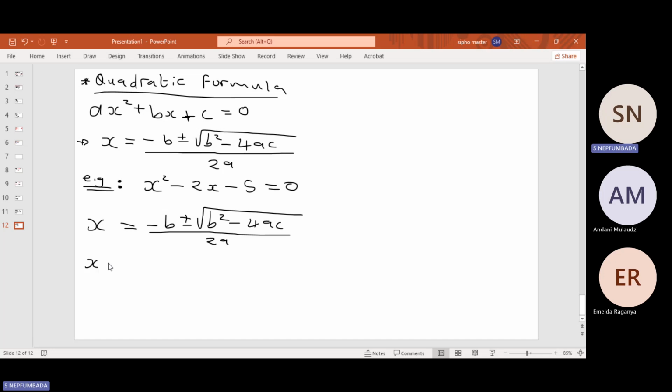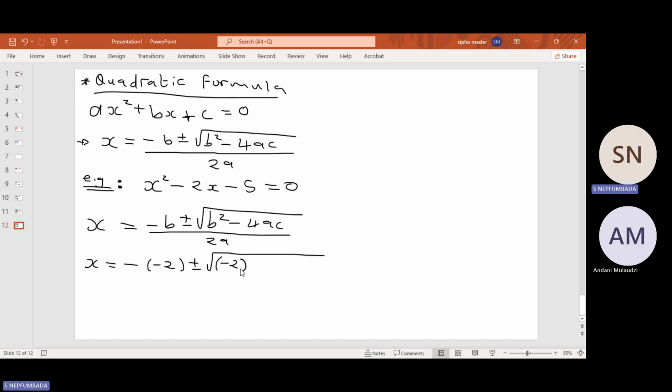Then our x is equal to minus our b, which is negative 2, plus or minus the square root of minus 2 to the power 2 minus 4, our a is 1, our c is minus 5, then divided by 2 into 1.